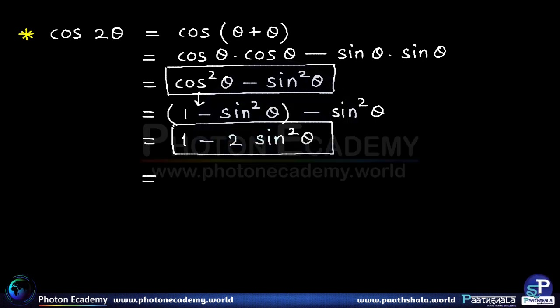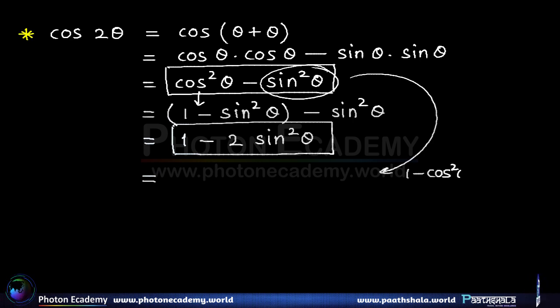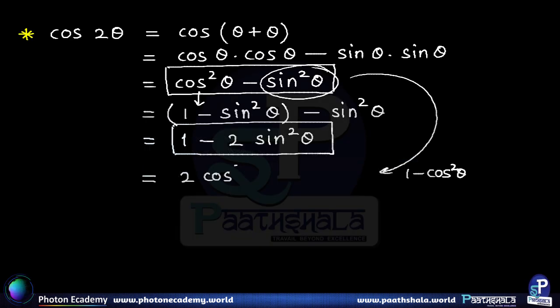Now instead of sin theta, we want the entire expression in terms of cos theta. Then what we would do is, the sin square theta term we will express as 1 minus cos square theta, isn't it? So therefore we'll get another expression, that is 2 cos square theta minus 1.